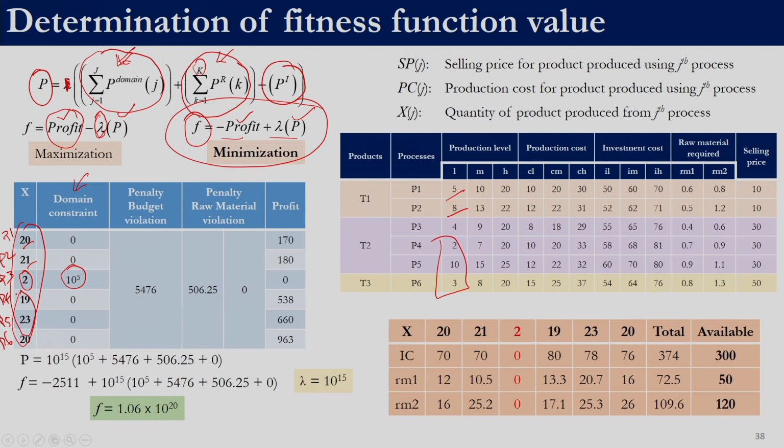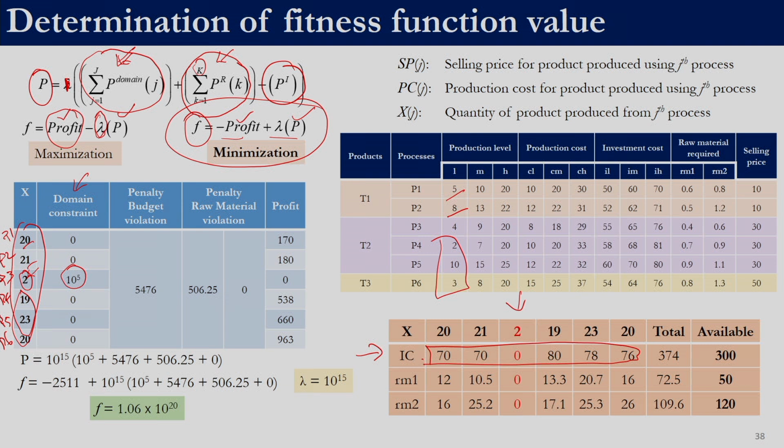For this production plan, you know how to calculate the investment cost. Depending upon which region it lies in, you need to use the appropriate equation, and you will be able to calculate the investment cost. We have calculated the investment cost and given it here. This data plus the equations which we have discussed lead to this investment cost. Here, the third process is violating the domain constraint, so its investment cost is not calculated and is considered to be 0.